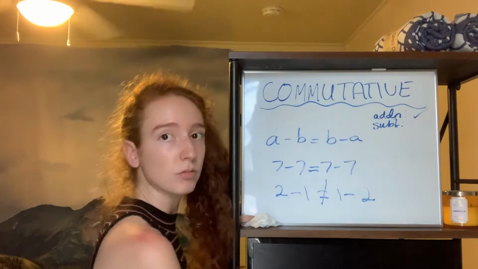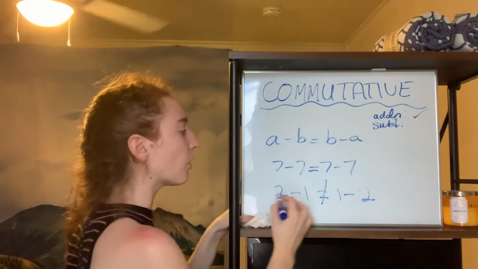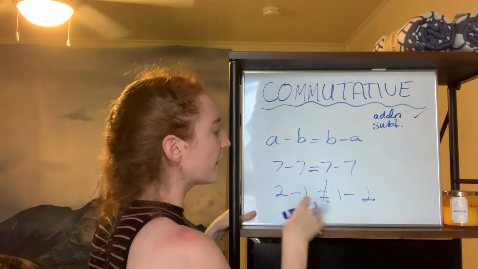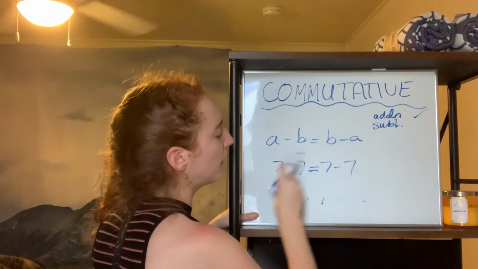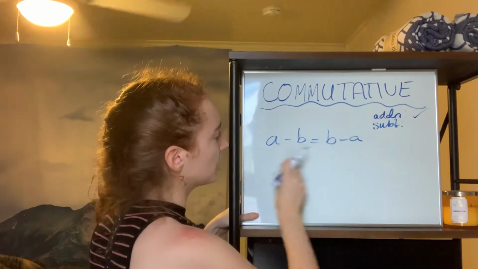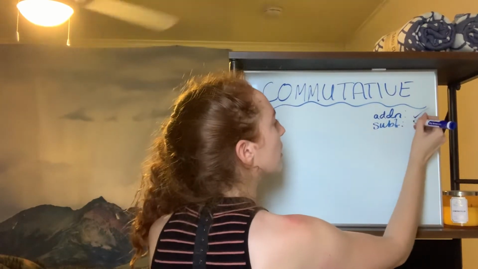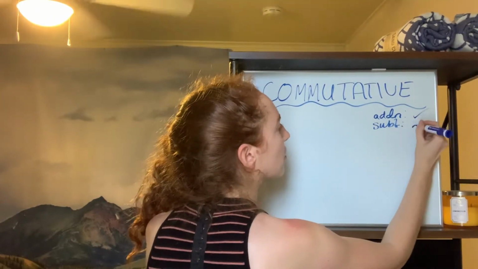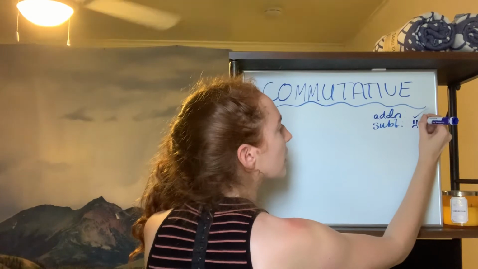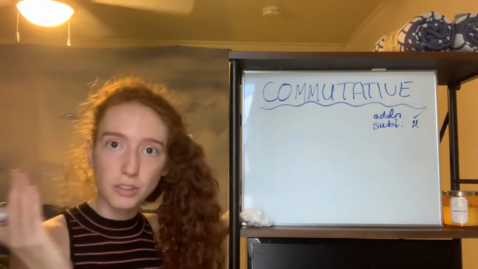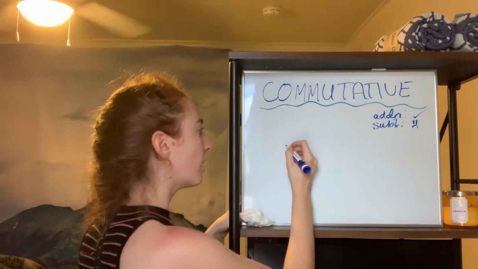No. Or you could put 0, or just experiment with your own numbers and find a way to see that the commutative property is not being held over the operation of subtraction. So that one, I'll draw a little sad face. The commutative property did not hold over subtraction. So sad.